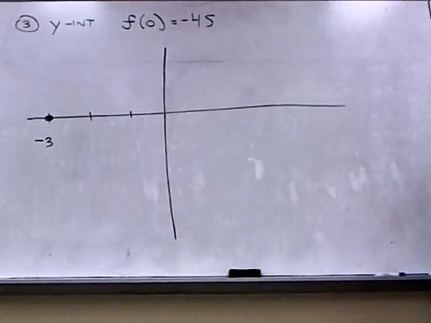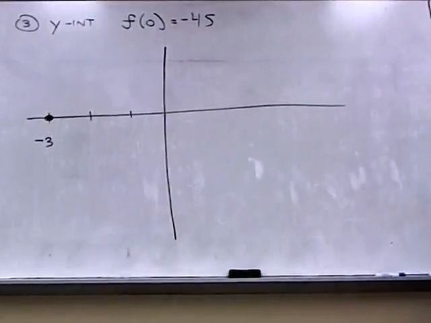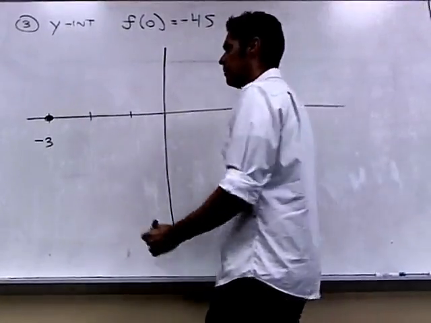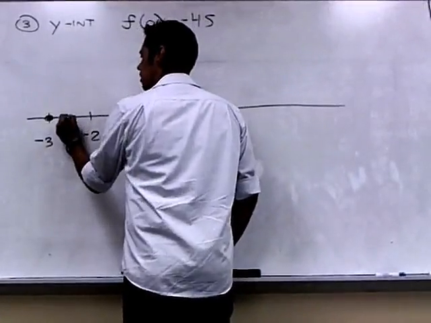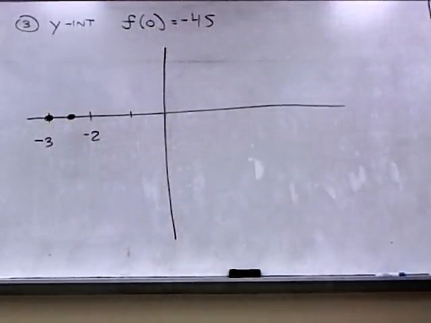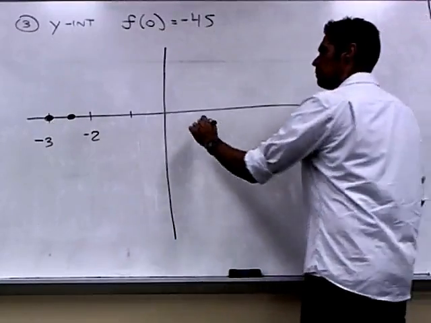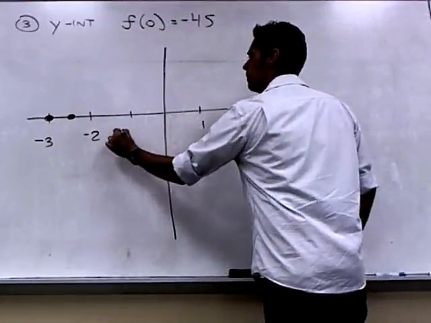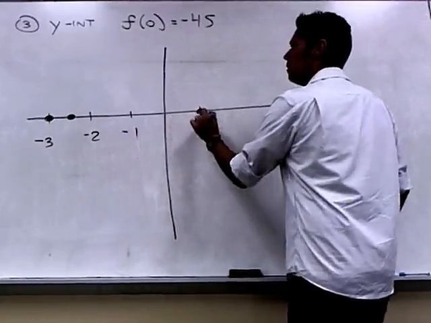What's -5 halves? Where's that? It's 2.5, right? -2.5. So here's -2. That's right here. And then our other one is x is 1. Like that.